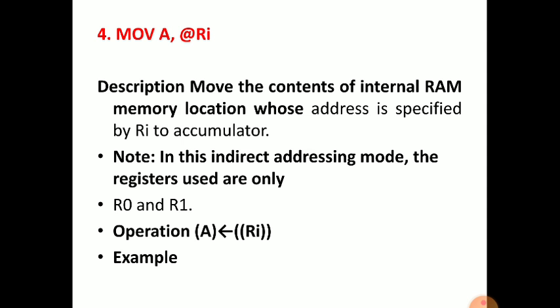The contents of Ri are the required address from where we have to access the data, and that accessed data has to be copied into the accumulator register. That's why we have single parentheses on the A side and double parentheses on the Ri.